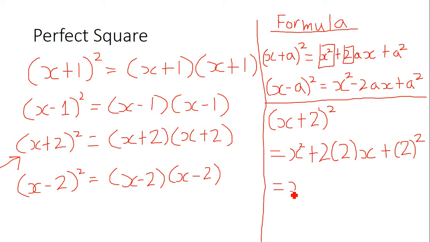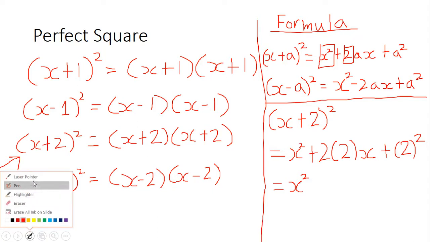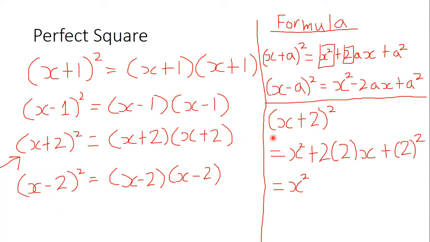Could you explain that from the beginning, please? Okay, so we have x plus 2, right? So we're comparing this with this. In this case, the x is the x, and the a is the 2. You see that?